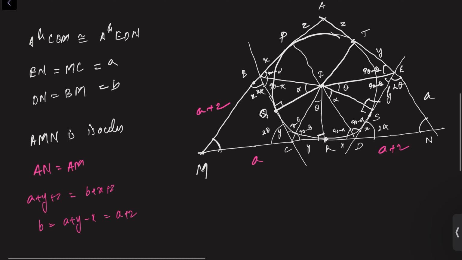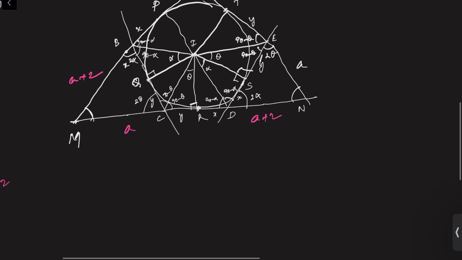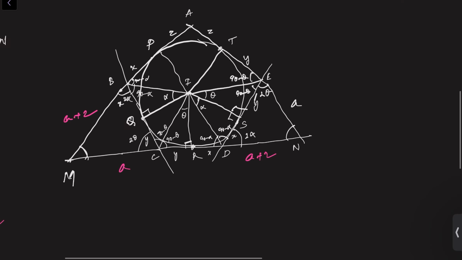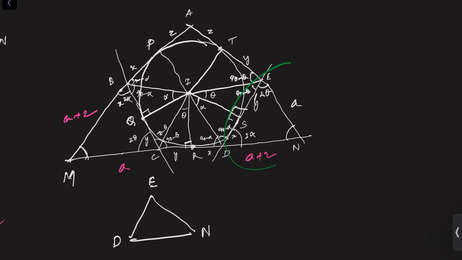Now suppose we consider triangle EDN, this small triangle. In this triangle, this angle is 2 theta, this angle is 2 alpha, and let's say this is some beta.